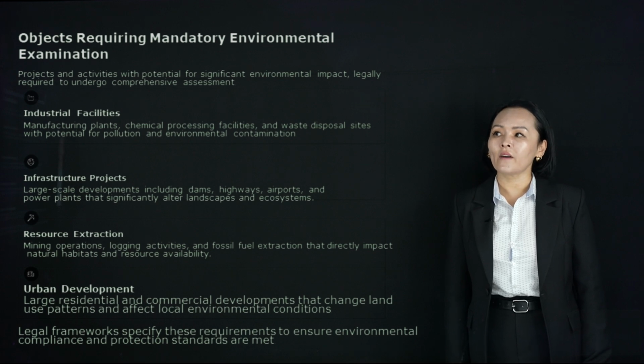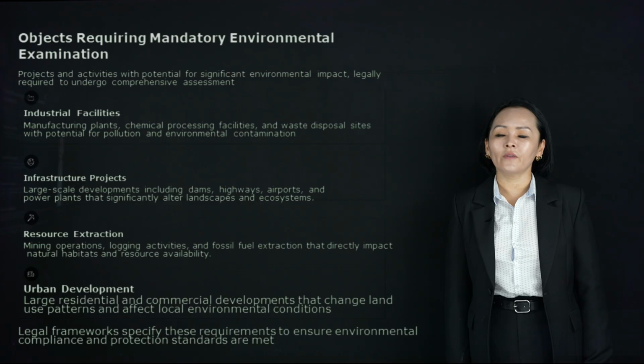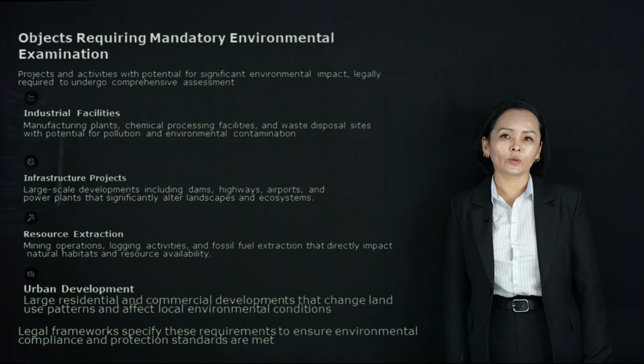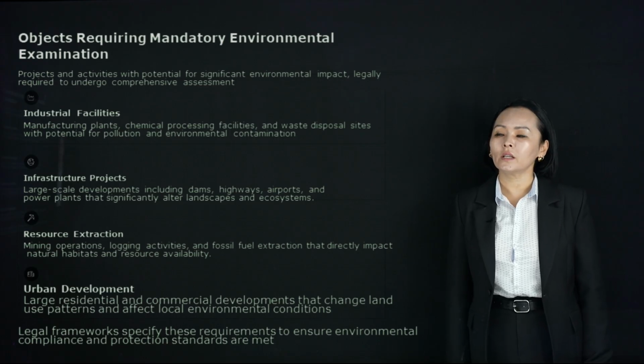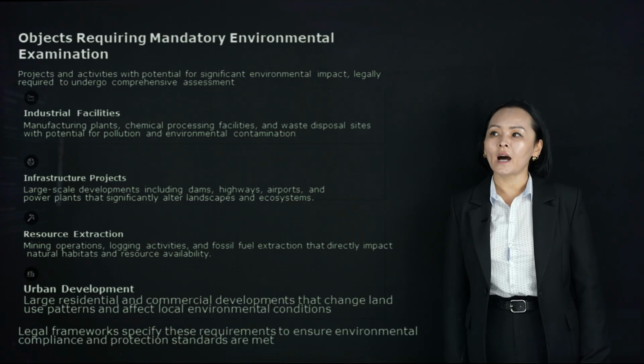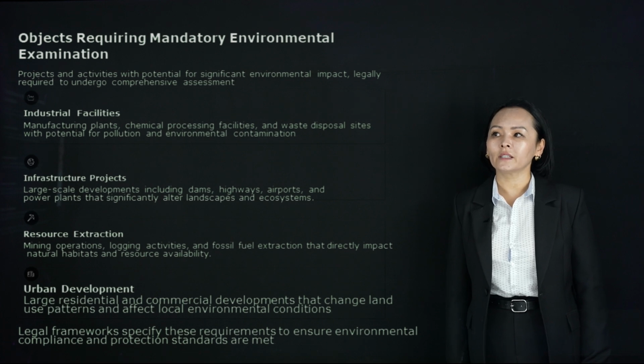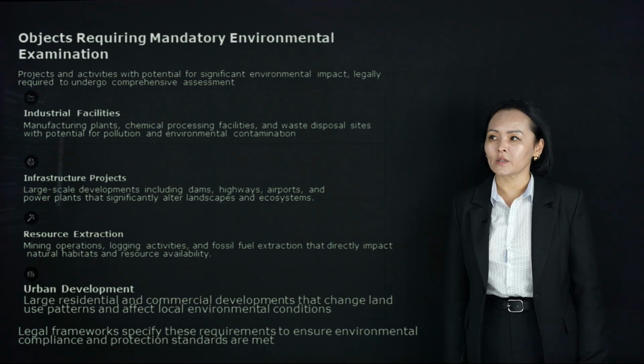Next, industrial facilities: manufacturing plants, chemical processing facilities, and waste disposal sites with potential for pollution and environmental contamination. Next, infrastructure projects include large-scale developments such as dams, highways, airports, and power plants that significantly alter landscapes and ecosystems.